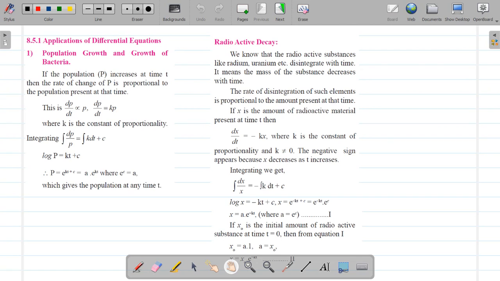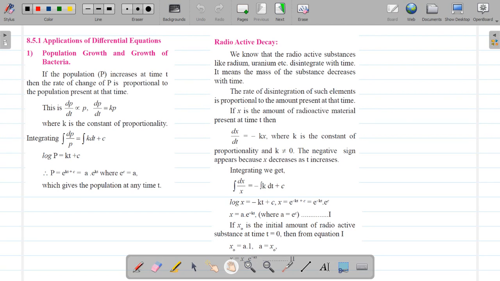Hence we get P is equal to e raised to Kt plus C. See, log P is equal to Kt plus C, that means P is equal to e raised to Kt plus C, that is equal to A into e raised to Kt, where e raised to C is considered as A. Means after using the given condition, we form the differential equation, and by using variable separable form we have to solve that differential equation to get the required answer.